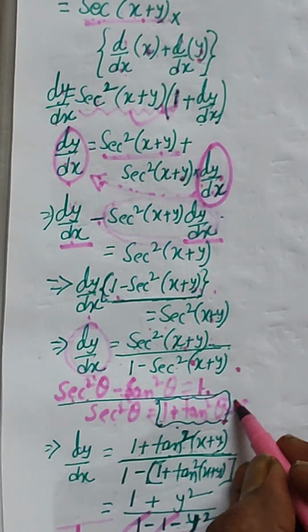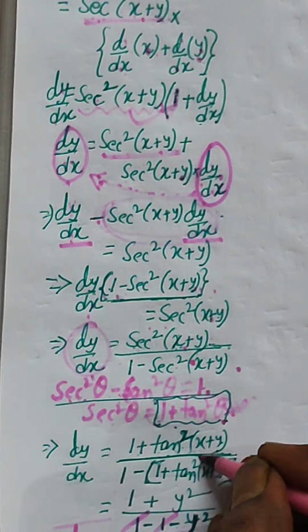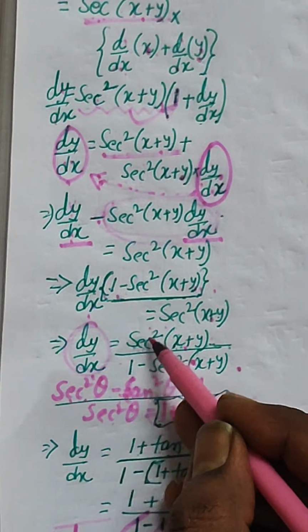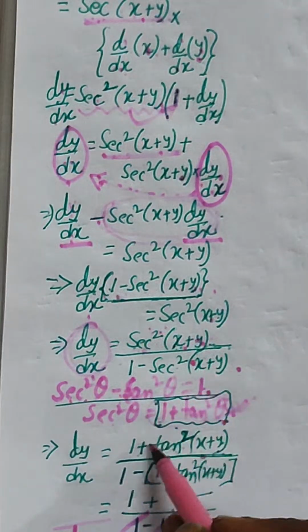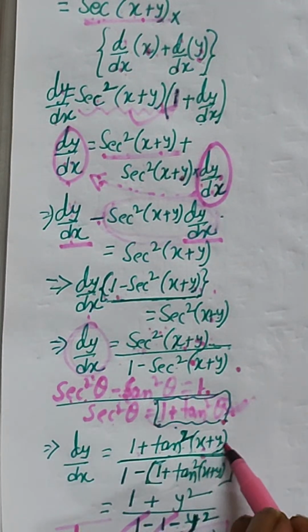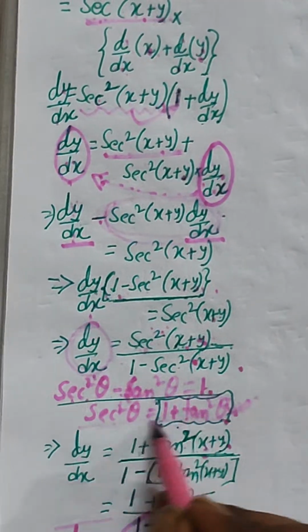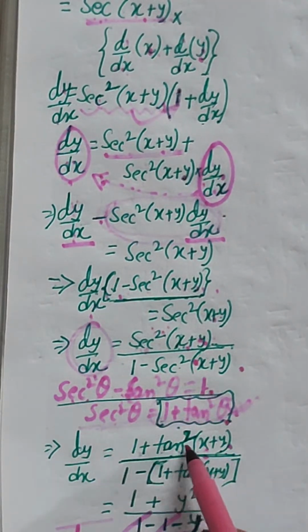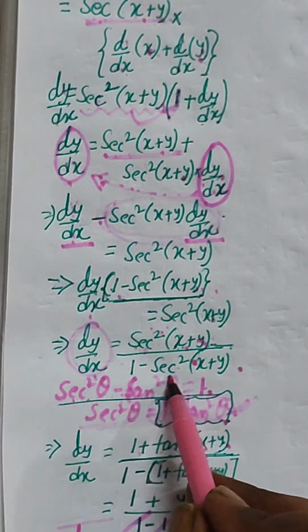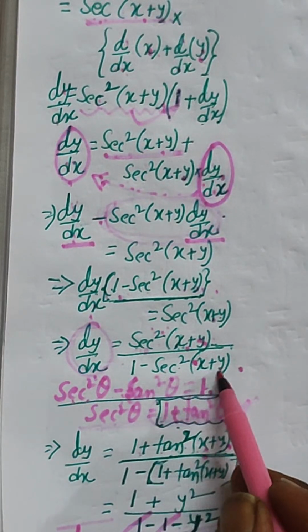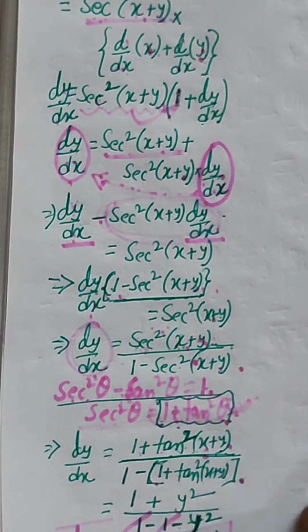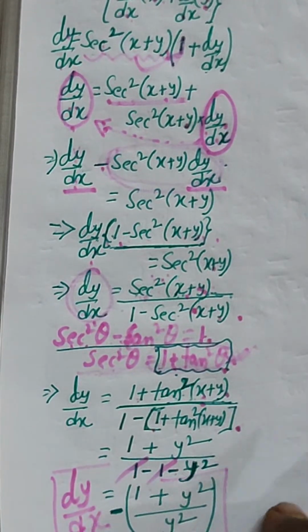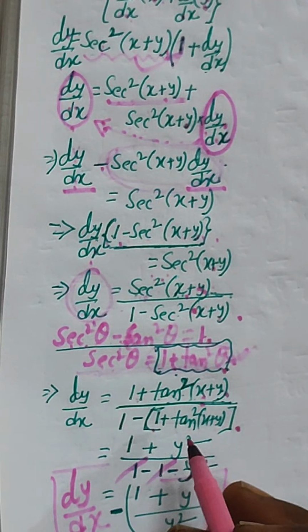We will be using this relation, and that we did over here. In the numerator we have sec square x plus y. So instead of sec square x plus y, we have written 1 plus tan square x plus y using this relation, right? And in the denominator also there is a sec square x plus y. So we just replace that sec square x plus y with 1 plus tan square x plus y. So we have the question given that y equal to tan of x plus y.